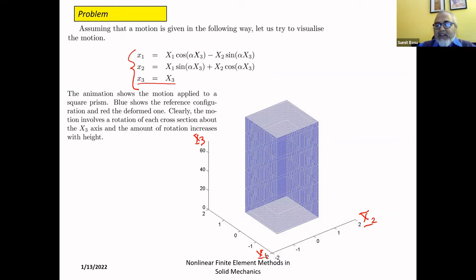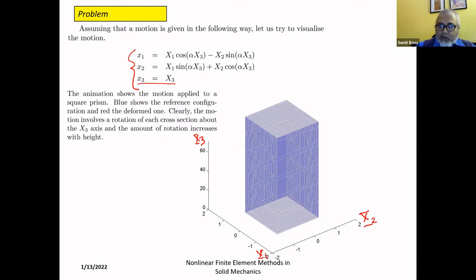Alpha x3 is an angle that depends linearly on the x3 coordinate. Therefore, cross sections at the top rotate more than cross sections below it, and the cross section on the xy plane does not rotate at all because x3 is equal to 0 there.